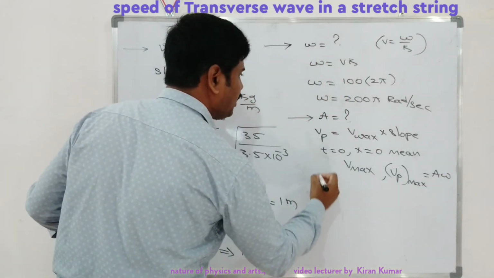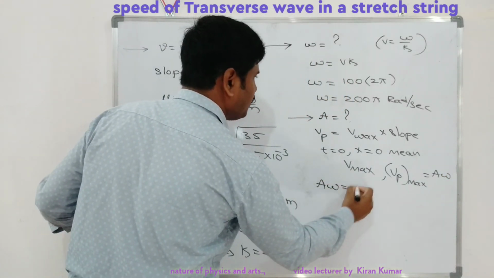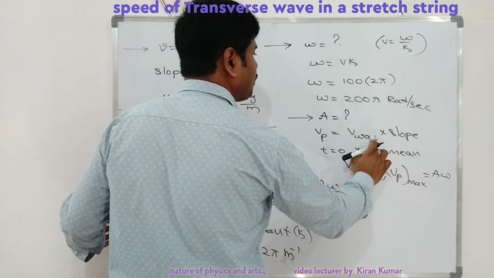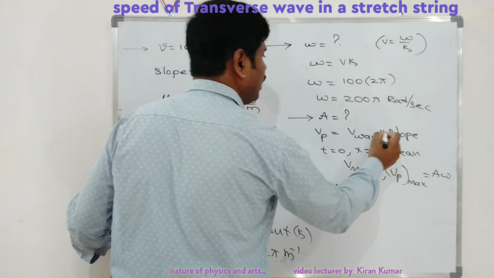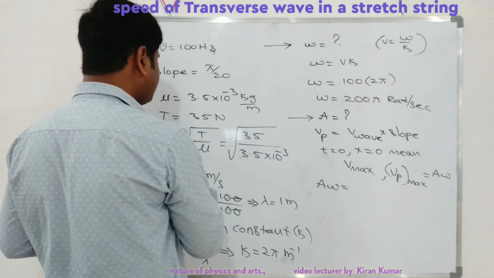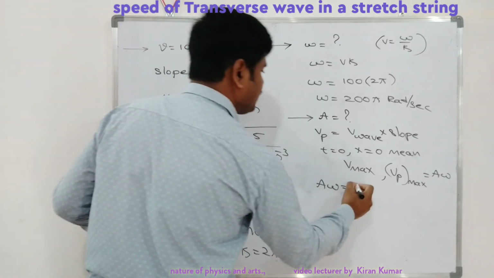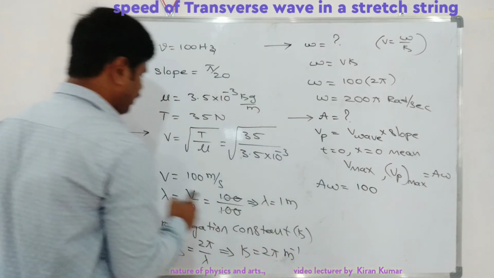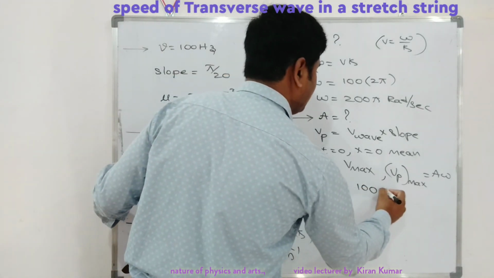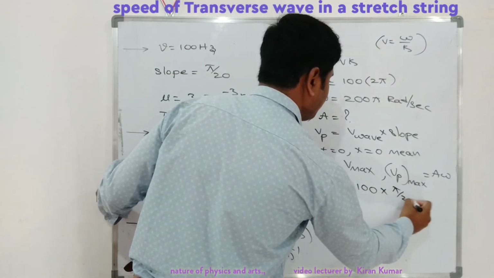So A omega is equal to velocity of the wave, that is 100 meter per second, into the slope value pi by 20.